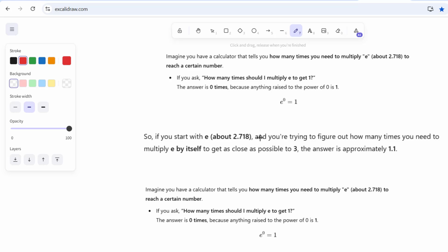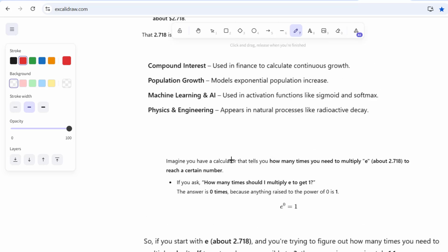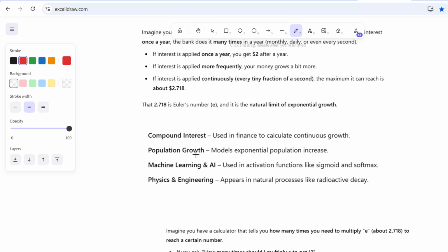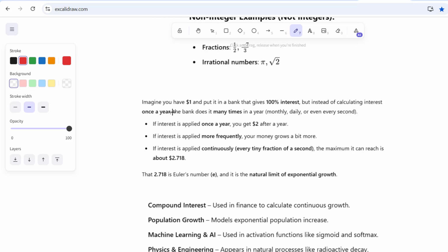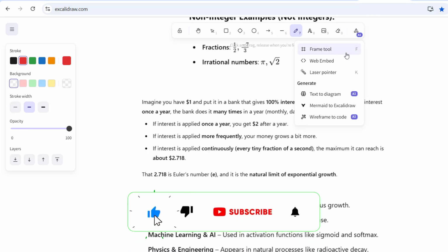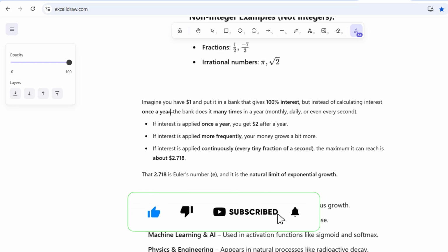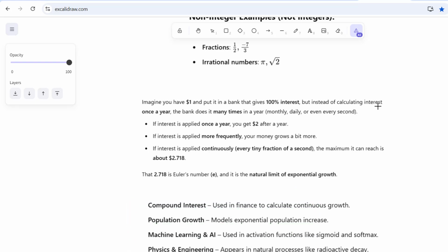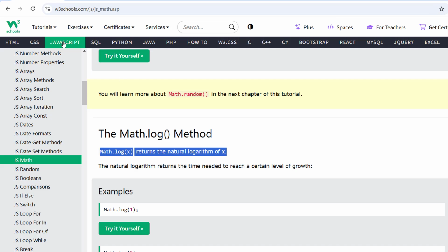If you are trying to figure out how many times you need to multiply a number by itself, that is logarithm. Before understanding logarithm, you have to understand something else. Imagine you have $1 and put it in the bank at 100% interest. This is the natural limit.